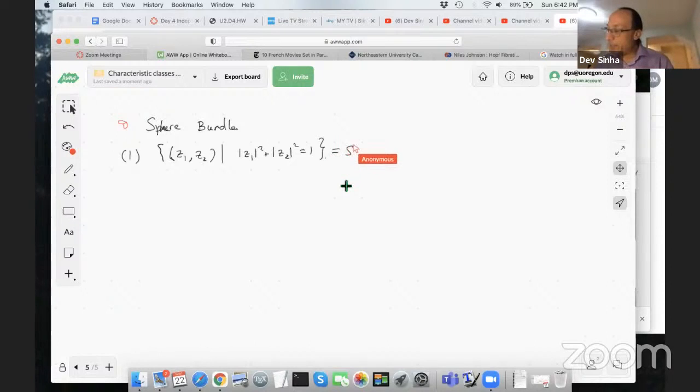And so that's an S3 sitting inside C2. And that just maps to, well, its image in CP1.